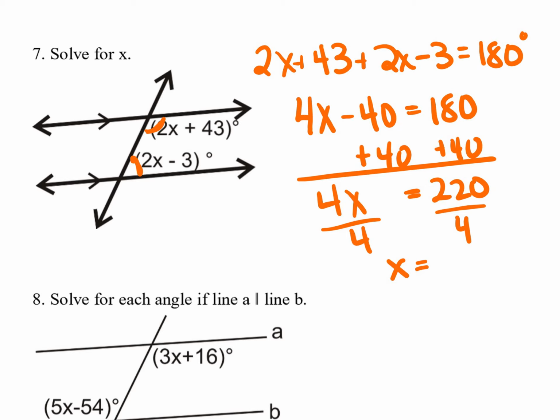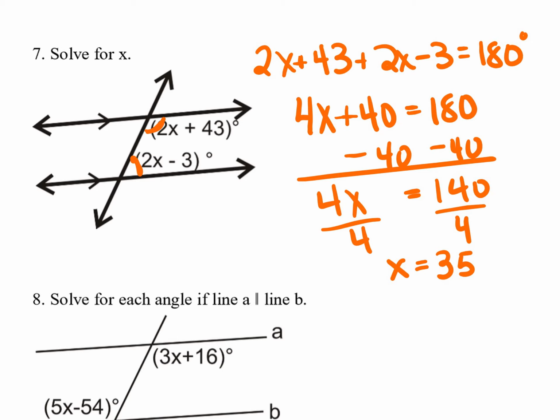Oh, I made a mistake up here. Sorry, let's go back. This is a plus. That's a plus. So that means this needs to be minus. My bad, sorry. And then all of this needs to be 140. And then I'm going to still divide by 4. And then 140 divided by 4 is 35.